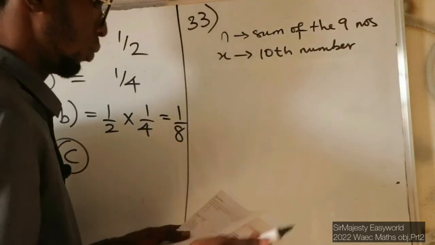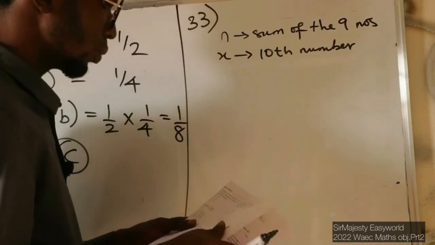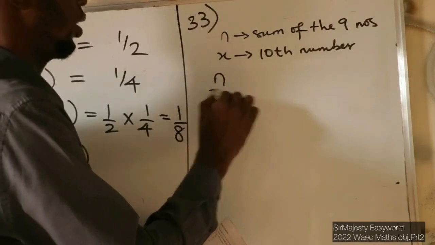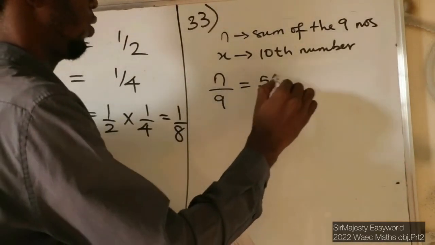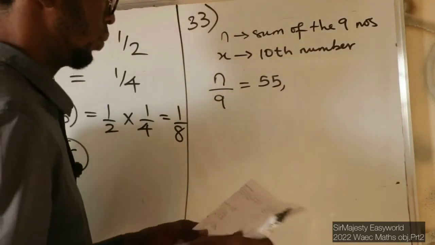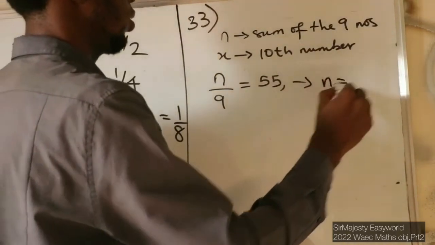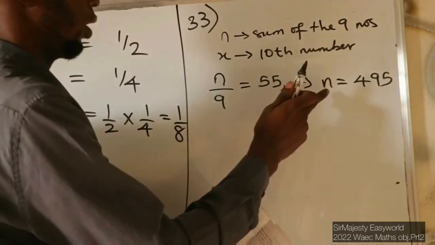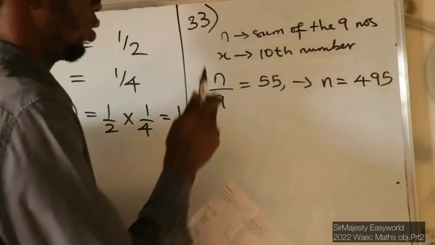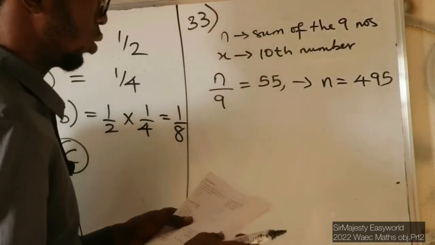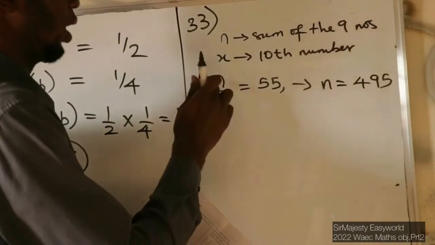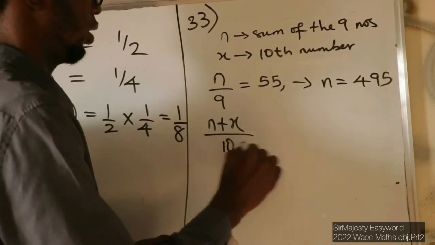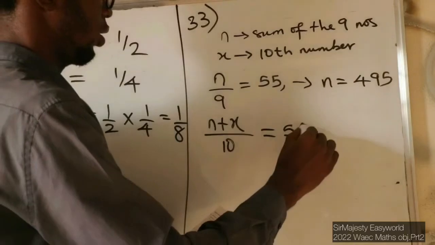Then, according to the question, the mean of the first 9 numbers is 55. So we sum the first 9 numbers, which is n, divide by 9 to get 55. So from here we can see that n is equal to 55 times 9, which is 495. That's the value of our n. Now we are going to use this to find the next one. To find the average of the 10 numbers, we have n, the sum of the 9 numbers, plus the 10th number x, divided by 10 to get 56.